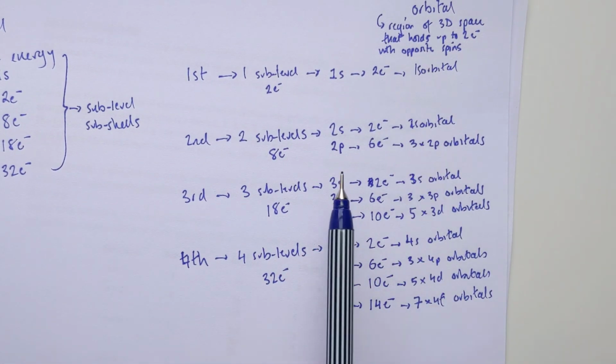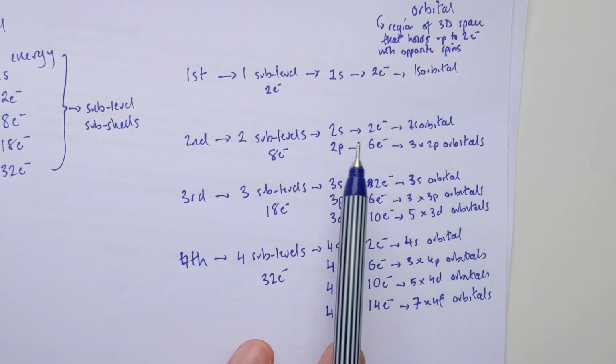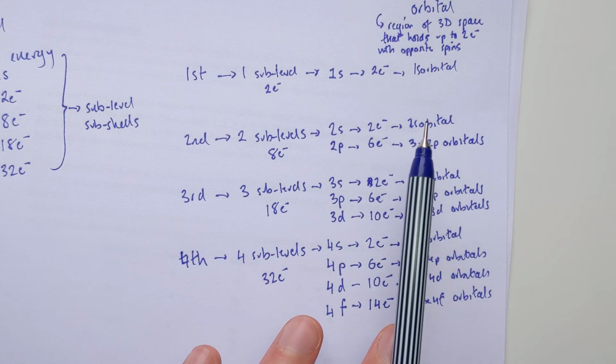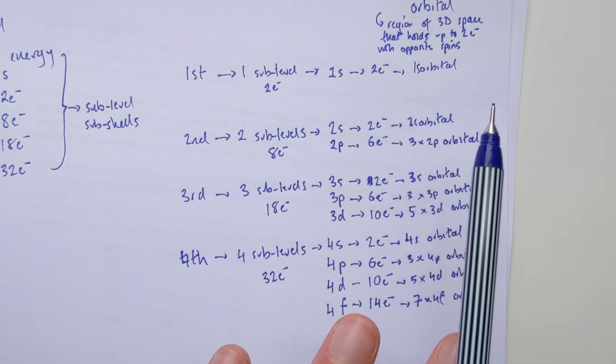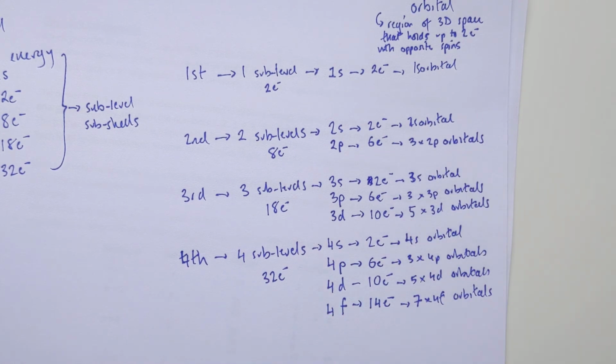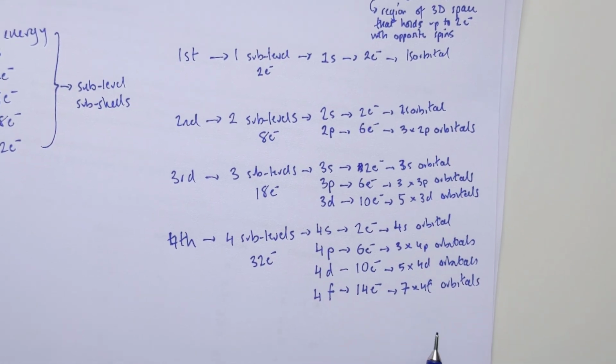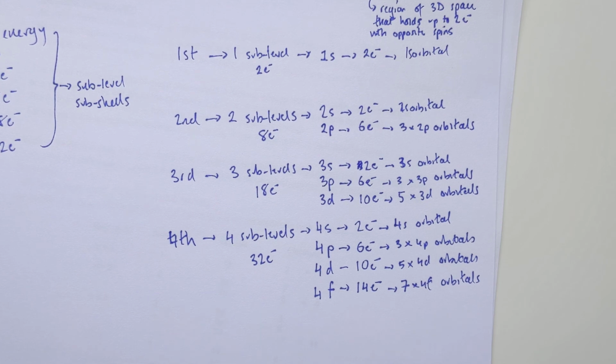Same with 2s is a 2s orbital. 2p, a little bit different. We need 6 electrons in that 2p sublevel, therefore we must need 3 2p orbitals to fit that in. Going through the third one, we get to 3d, need 10 electrons, must therefore need 5 3d orbitals. And then the fourth one, we get spd, and F needs 14 electrons, therefore it must need 7 4f orbitals.